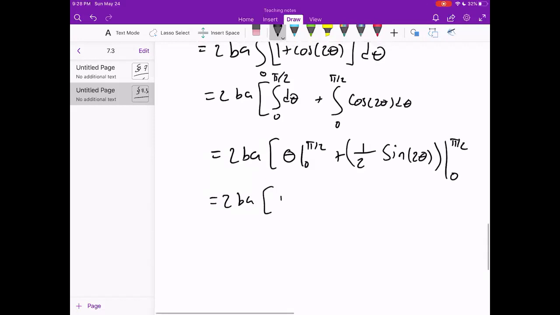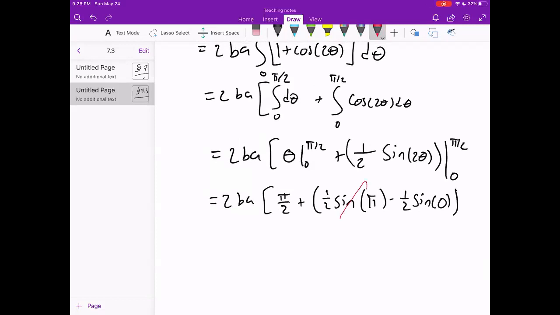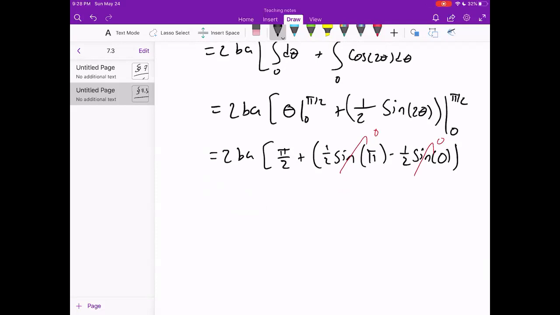Pi over 2 minus 0 is pi over 2. And then when I do this integral, I'm going to get 1/2 sine of pi minus 1/2 sine of 0. These are both 0. Sine of pi is 0. Sine of 0 is 0. So then this is 2ba times pi over 2. This is pi ba, just like we expected. Well, just like I expected.